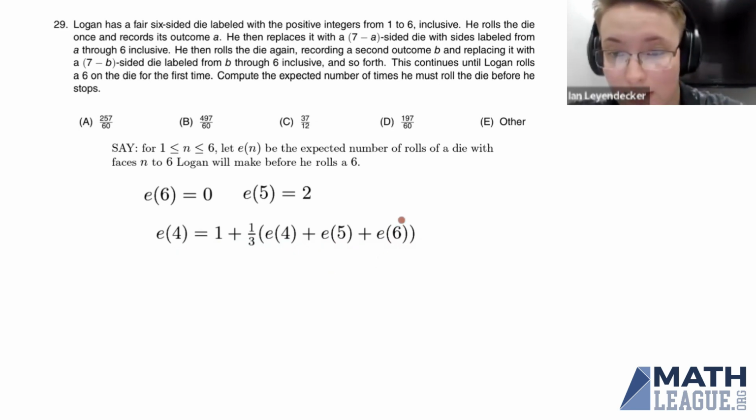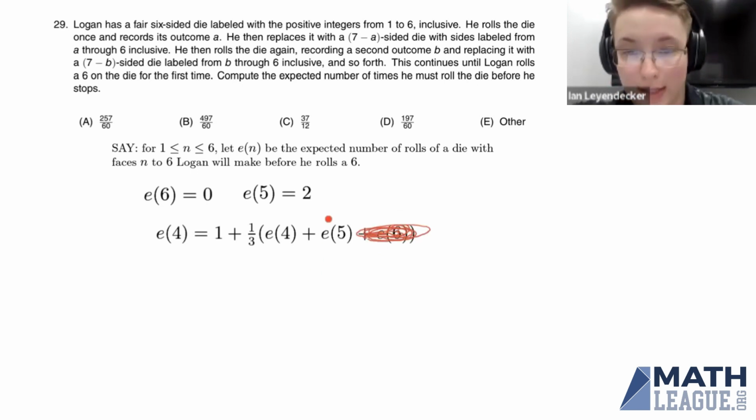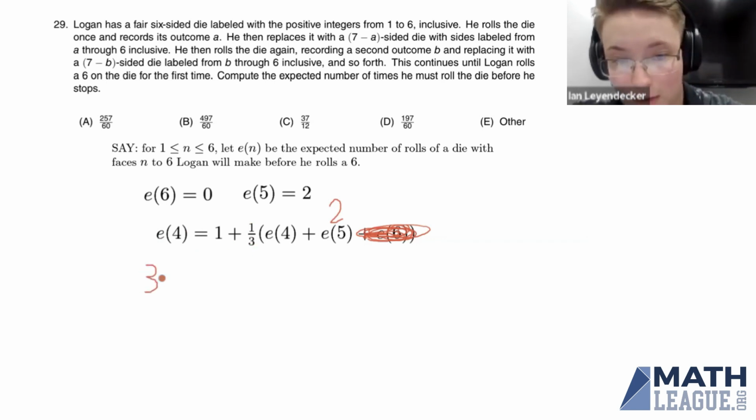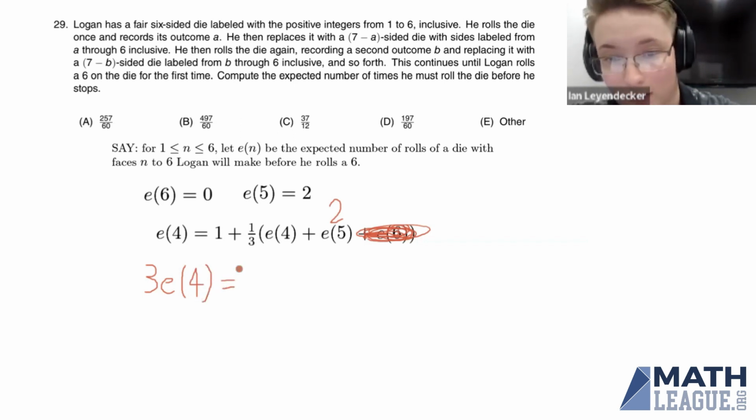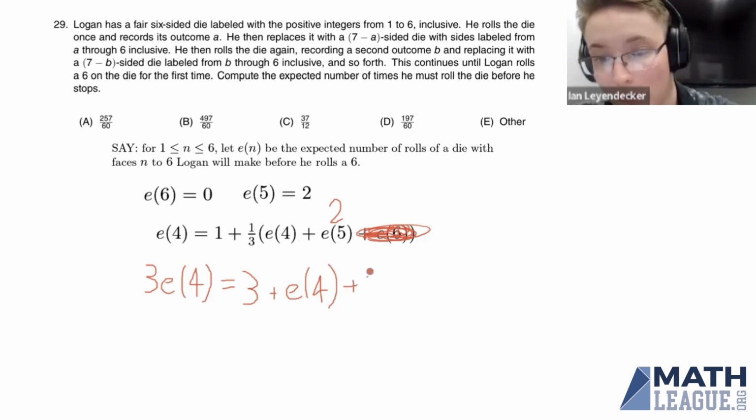We know that this e of 6 is equal to 0, so we'll just scribble that out. We know that e of 5 is equal to 2. And then to make things easier, we can multiply both sides by 3 to get rid of this fraction. And we get 3 e of 4 equals 3 plus e of 4 plus 2.